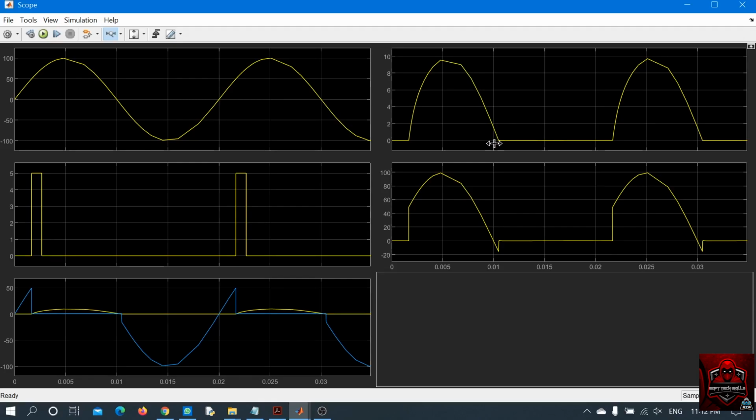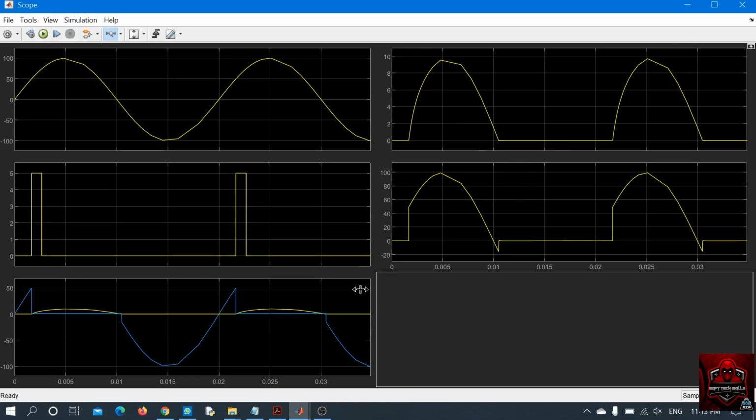As I said previously, when omega t is equal to 180 degrees, the current is not zero, and that's why the voltage waveform goes towards the negative, and this angle is known as the extension angle beta. We can neglect it or compensate it by using a freewheeling diode across the load.